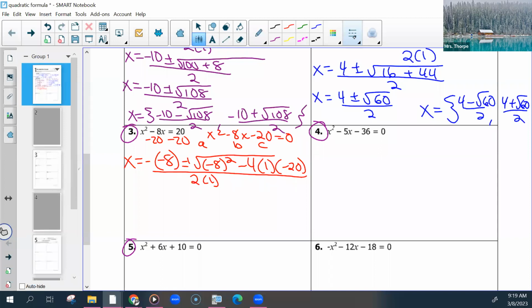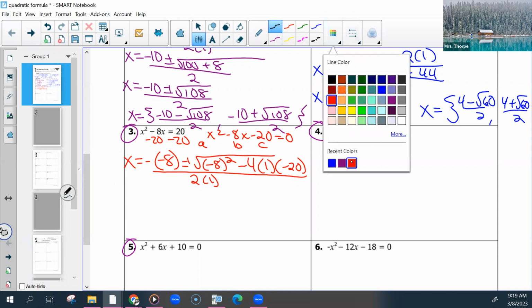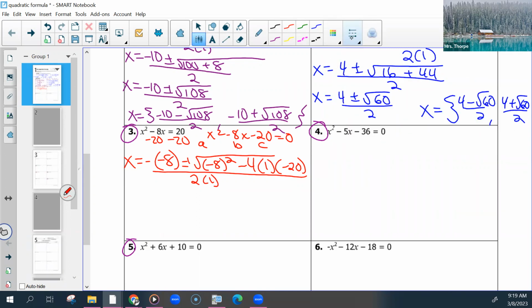Then we can start to simplify. This becomes positive 8 plus or minus the square root of 64 plus 80 all over 2.